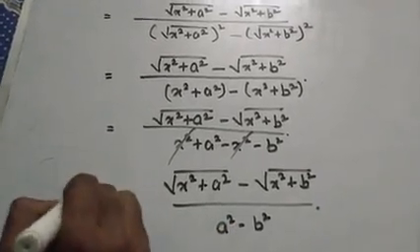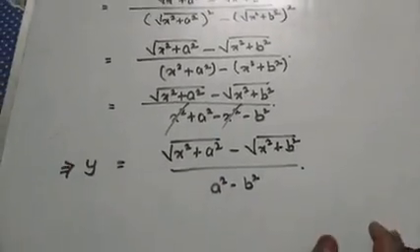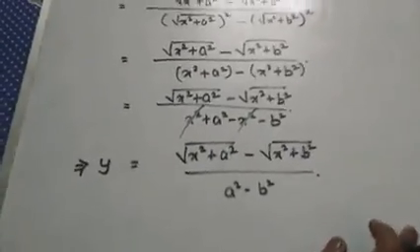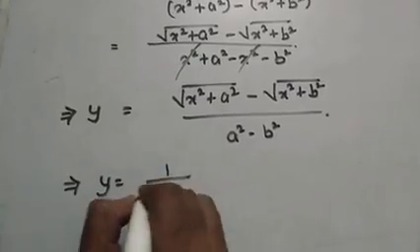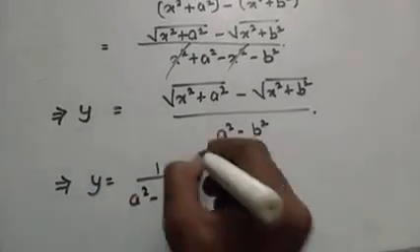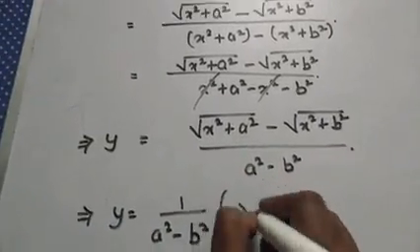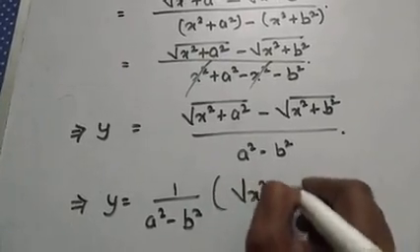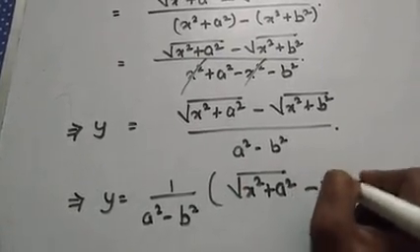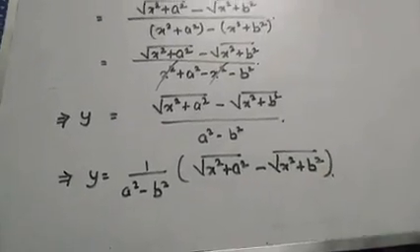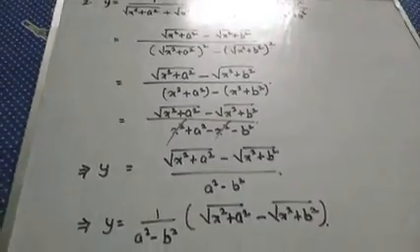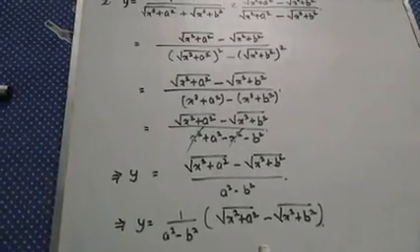So this is our y, or we can say in another simple way, y equals 1 by a square minus b square into root over x square plus a square minus root over x square plus b square. So this is our y. So now we will differentiate this particular y.